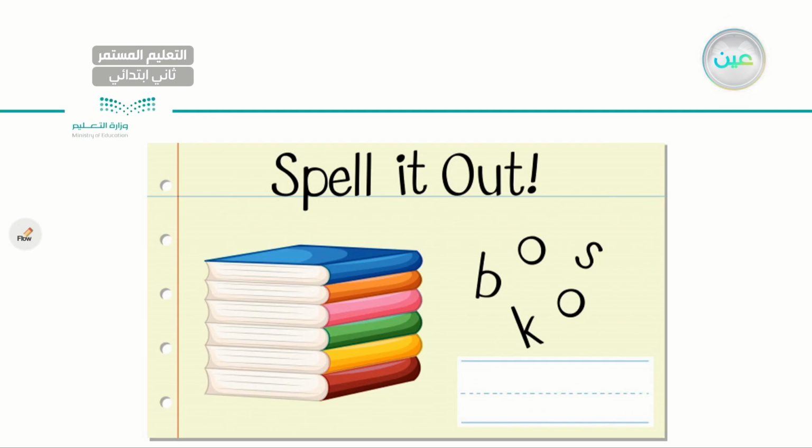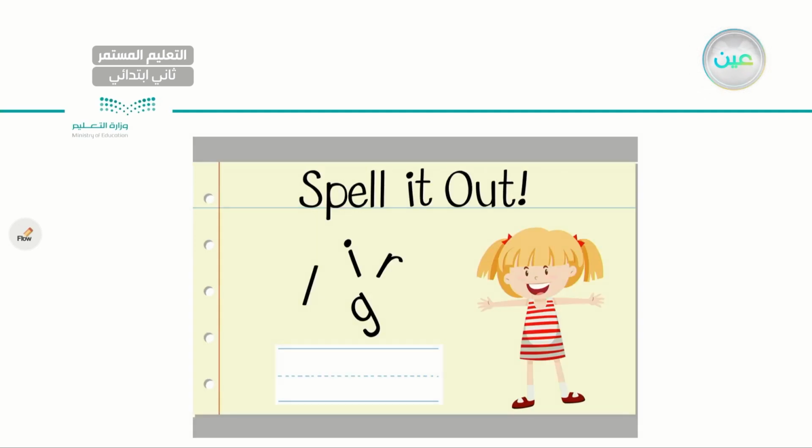What do you think? Here I have 2 vowels and 3 consonants. O, O, B, K, and S. The word is books. Very good. Spell it for me. B, O, O, K, S. Books. Very good. Let's do it one more time.